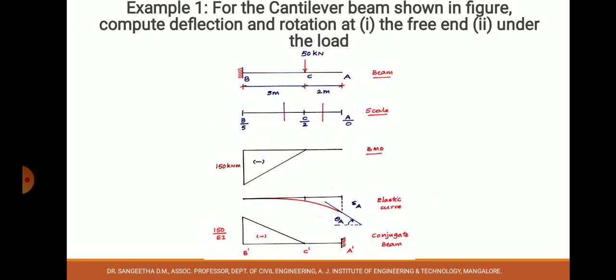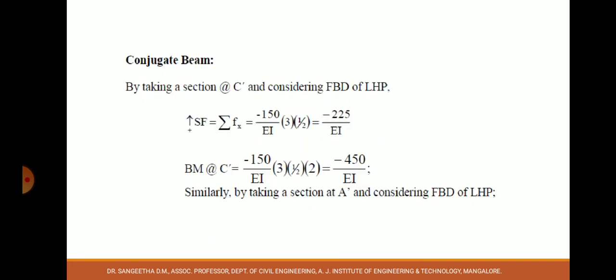Area of M by EI diagram into the centroid distance. So the centroid distance is 2/3 of 3. So it becomes half into 3 into minus 150 by EI, 2/3 of 3 is 2. Solving that, the bending moment at C dash is minus 450 by EI.